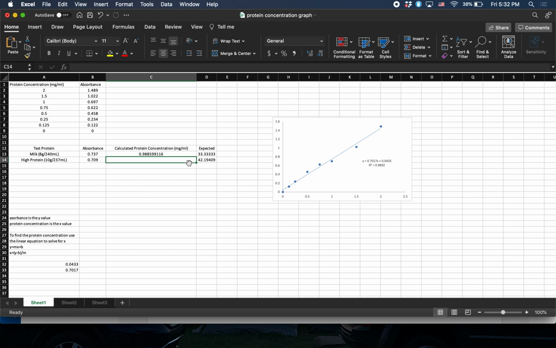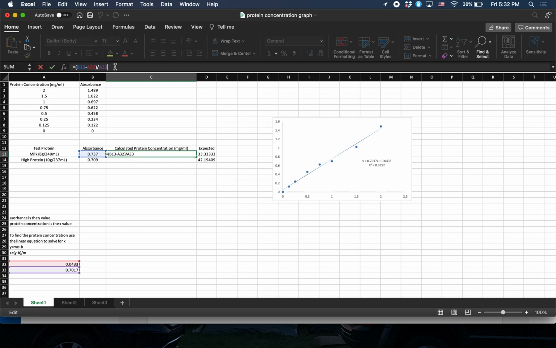However, when we were making our milk and our high protein concentrations that we used, we diluted them. So I will take this number now and multiply it by 50. So I'll add just another round of parentheses so that Excel knows to take that calculated value from the equation and multiply that by 50.